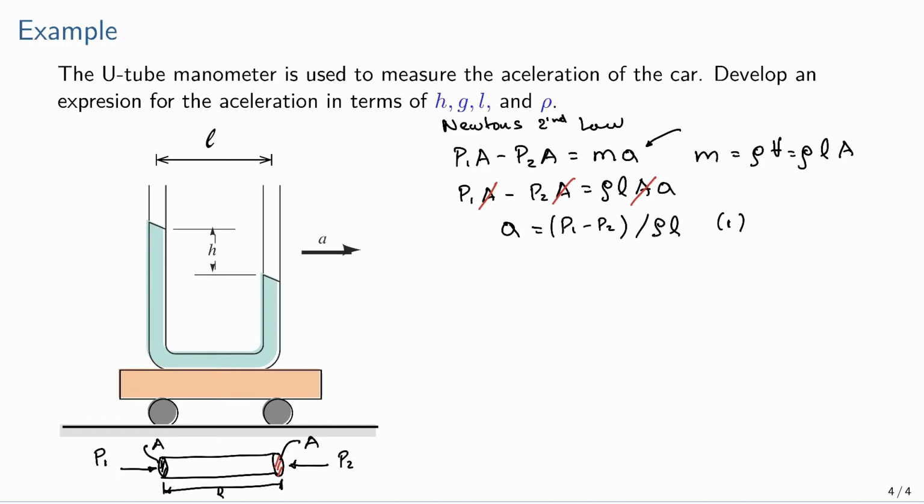Now we need some expressions for the pressure at 1 and the pressure at 2. So we can use what we learned before about manometers. We can tell what's the pressure at this point compared with the distance, let's call it H1, and the pressure at this point if we look at this distance, which is H2.